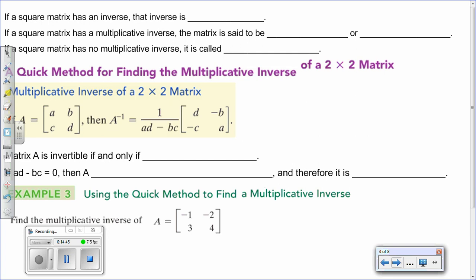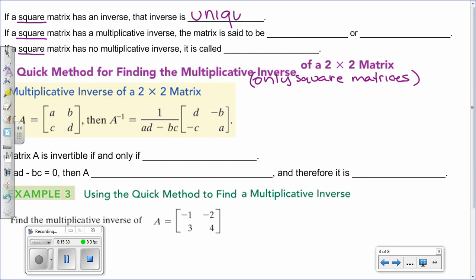It's actually very simple, but before that, let's complete the fill in the blank on the top of the slide. So I already mentioned that only square matrices have an identity matrix. Also, only square matrices have an inverse. Only square matrices, okay? You cannot find the inverse of a matrix that is not square. So that's why here we only refer to square matrices. So if a square matrix has an inverse, that inverse is unique.